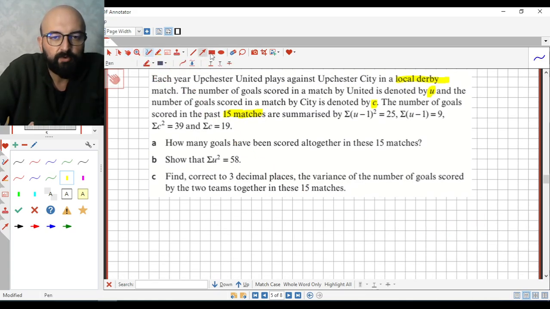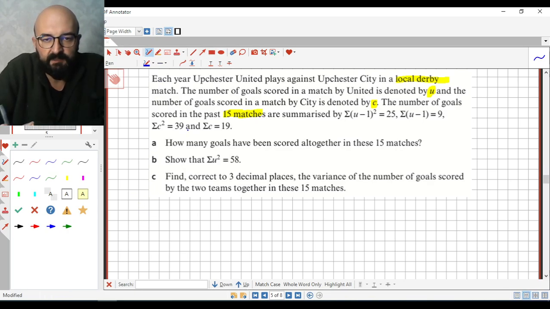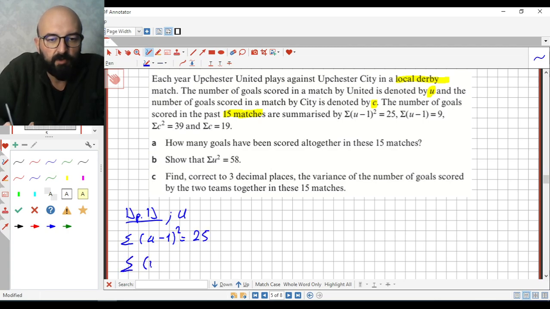And I want to write the summarized values. For example, for Upchester United, denoted by U, the sum of (U minus 1) squared is 25, and the sum of (U minus 1) is 9.